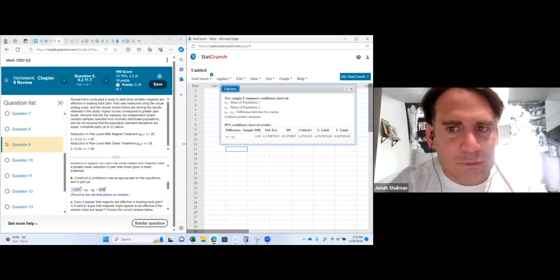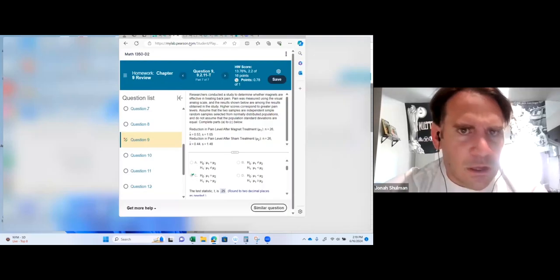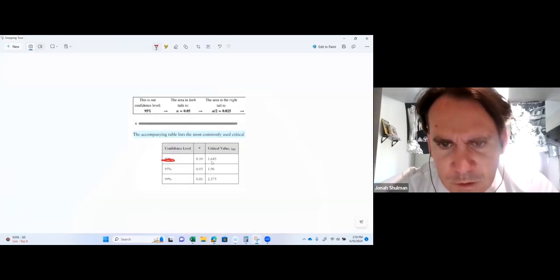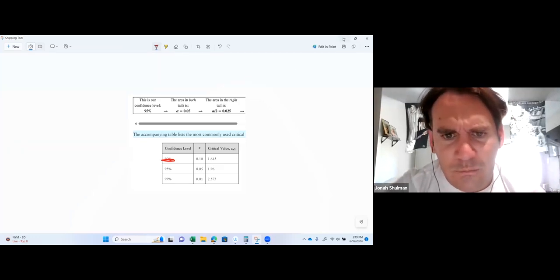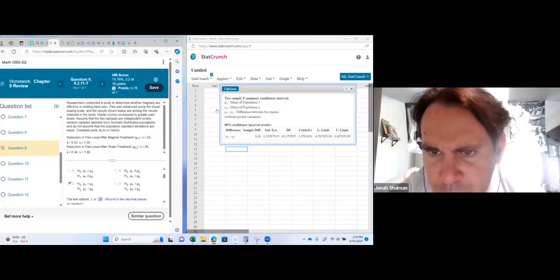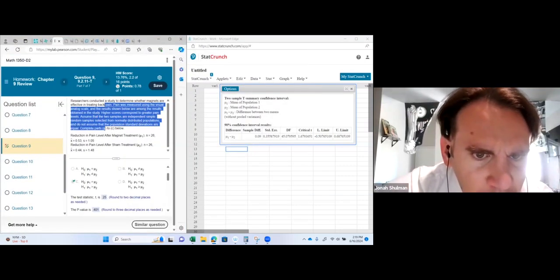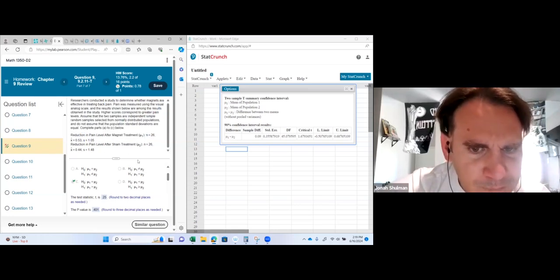Now, why is it at 90% when this one is saying you're at the 0.05 level? I believe it has something to do with the critical value. Our critical value was 1.645, but that's for z-scores. We don't have z-scores, we have t-scores. It doesn't tell us which confidence interval to use.